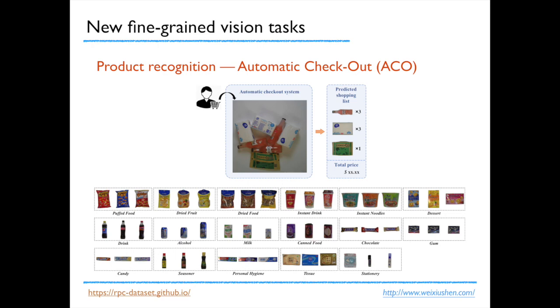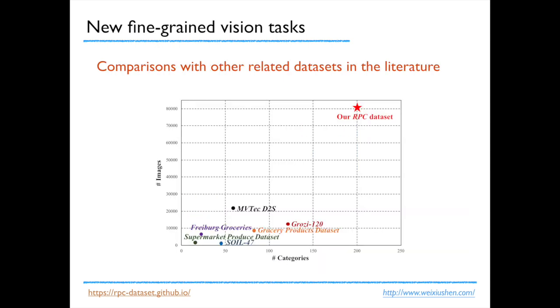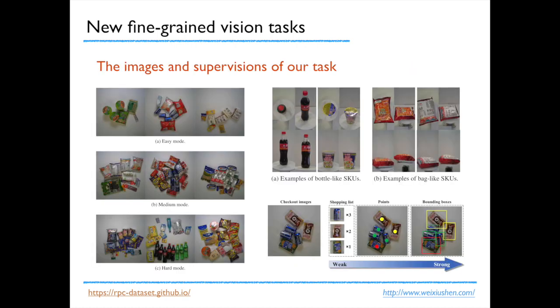It consists of 200 subcategories, and compared with other related datasets in the literature, our RPC dataset has significant advantages in both the number of images and the number of categories.